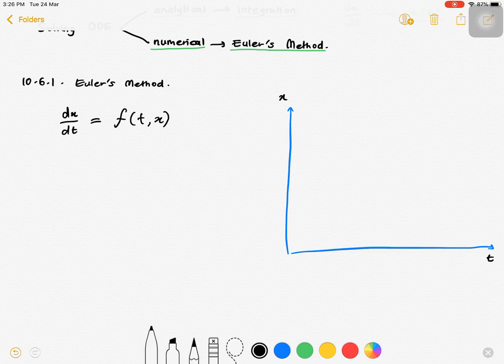So when we want to start a numerical solution, we will pick one point. For example, we can start at 0 or we can start at 1. It's up to us. So let's say we have 1, 2, 3, 4, 5, 6, 7. This is an example. So we want to start at 1.